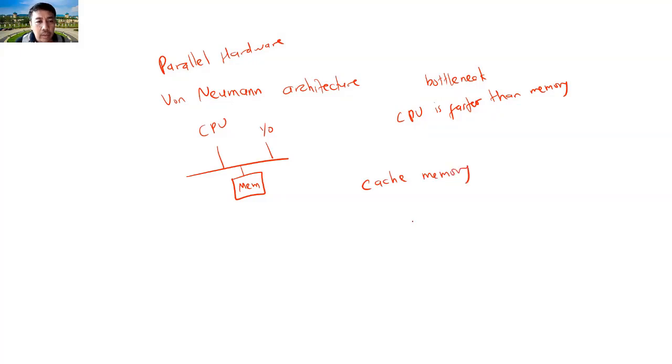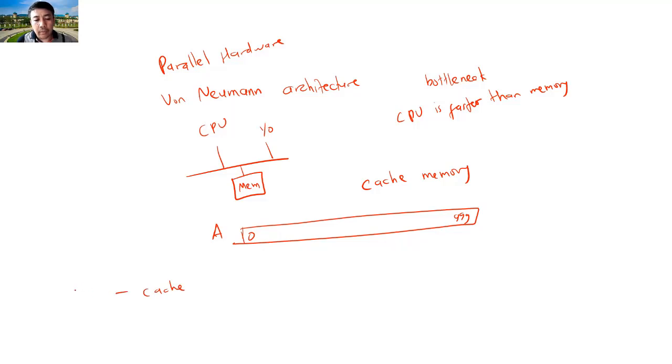Instead of, for example, having 1,000 matrix elements, one array containing 1,000 elements, we have the cache residing between the CPU and the main memory.